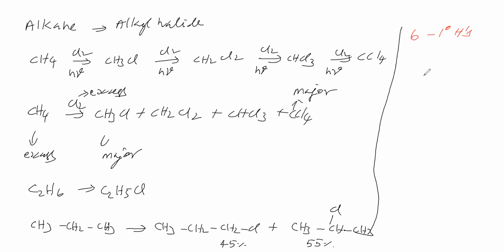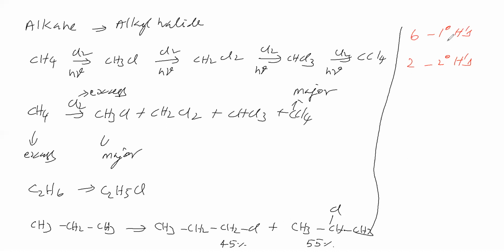But secondary hydrogens, only 2. So, as per probability, chlorine has a higher probability of attacking primary hydrogen rather than secondary hydrogen. As per this probability, the N-propyl chloride percentage should be high compared to secondary chloride.